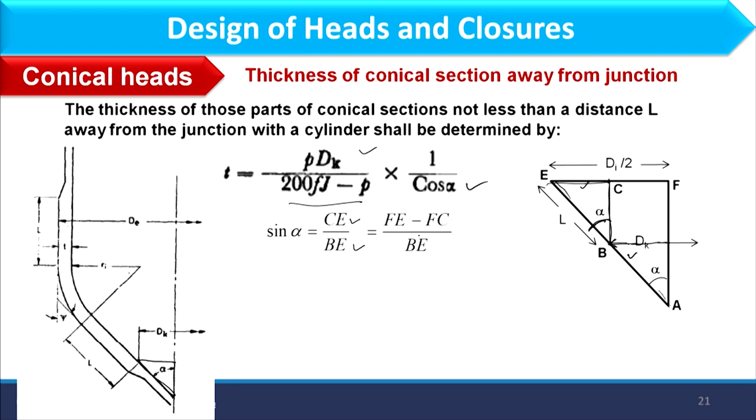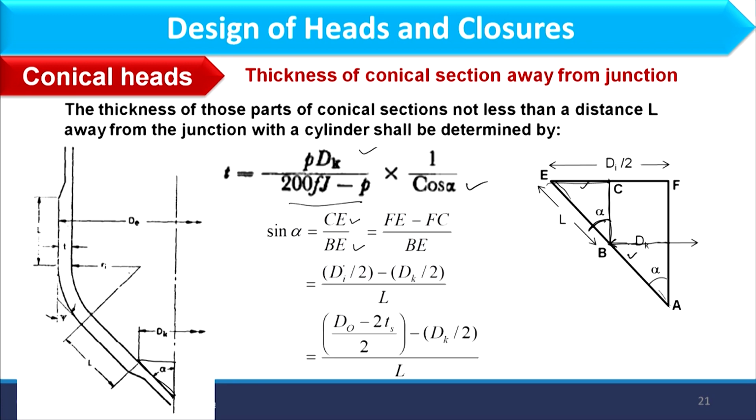FE minus FC. Using this geometry you can find out, it is not very complicated. FE is basically Di by 2 and FC is dk by 2, which you can see from the geometry, and BE is nothing but L.